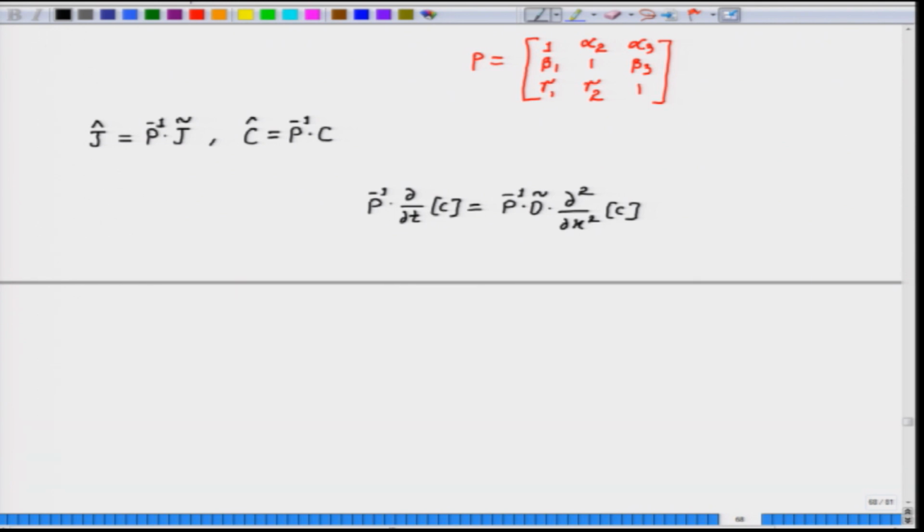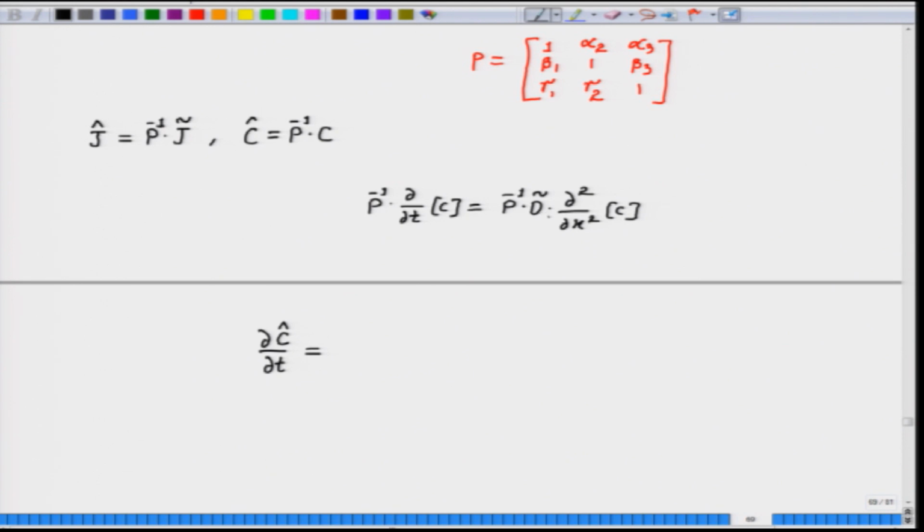And we know P inverse times C is nothing but the matrix C cap, right, the new cap basis. So, we can write ∂C cap/∂t is equal to, on the right hand side we do a little trick here. We insert a matrix which is defined by the product of P and P inverse. What is P times P inverse? It is an identity matrix.